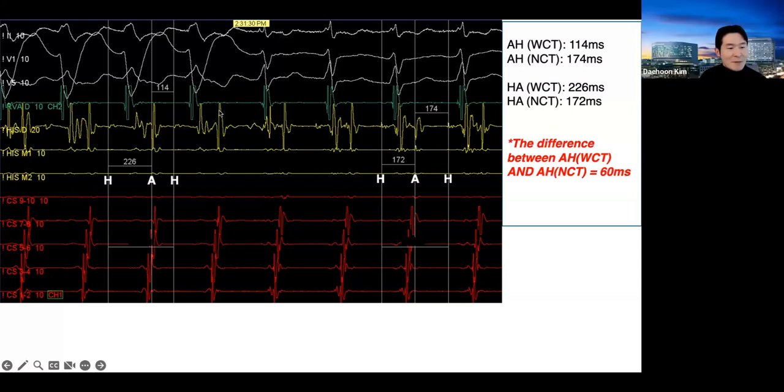It's just my curiosity. Because AH was consistently relatively short under the bundle branch block, but just after the last bundle branch block pattern, AH suddenly prolonged.